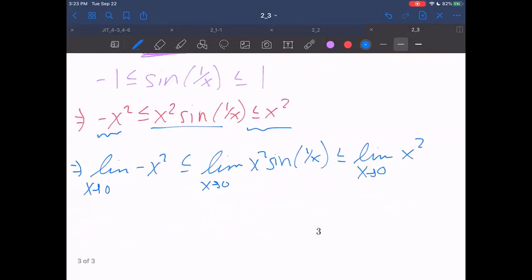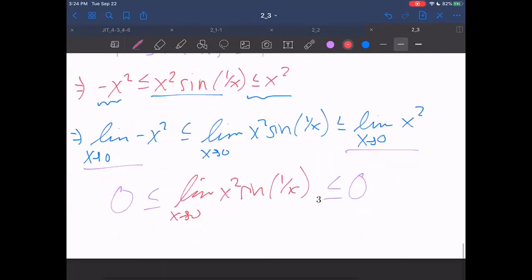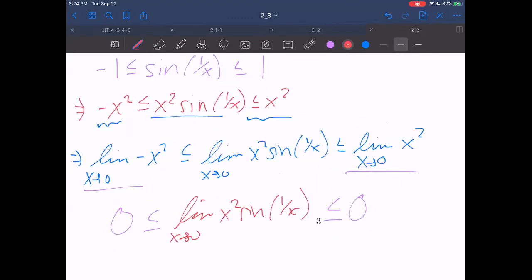We can plug in our 0 values, and so we get that this limit is equal to 0, this limit is equal to 0, and the limit as x approaches 0 of x squared sine of 1 over x is in between these two. So because it's got to be greater than or equal to 0 and less than or equal to 0, then it has to be equal to 0 as well.